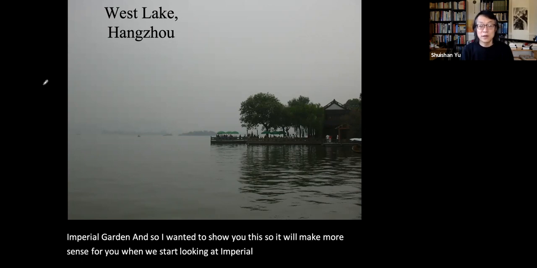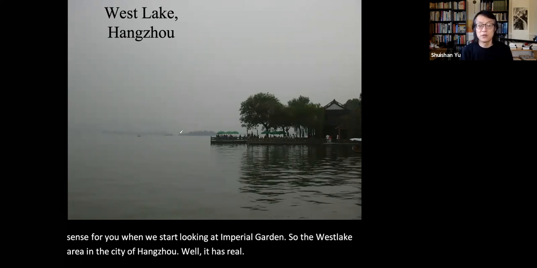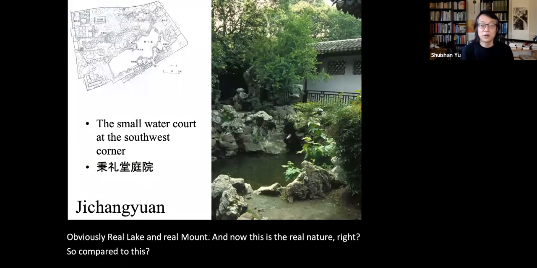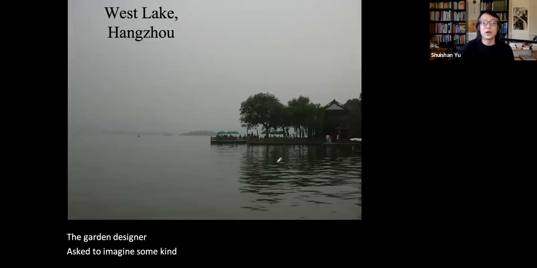So the West Lake area in the city of Hangzhou obviously has a real lake and a real mountain. Now this is the real nature, right? So compared to this, those waters are really nothing. But the garden designer helped us to imagine some kind of wild nature like that.